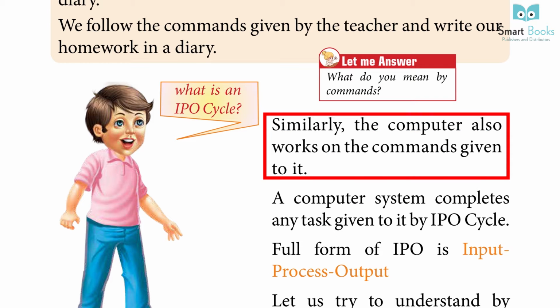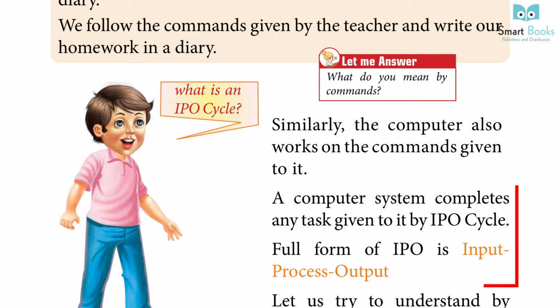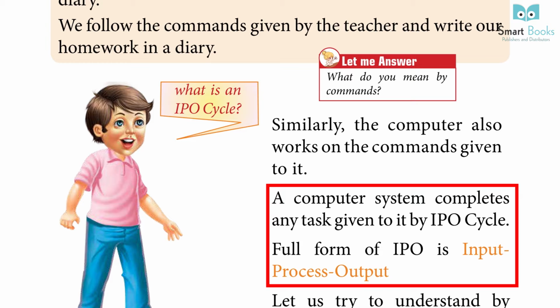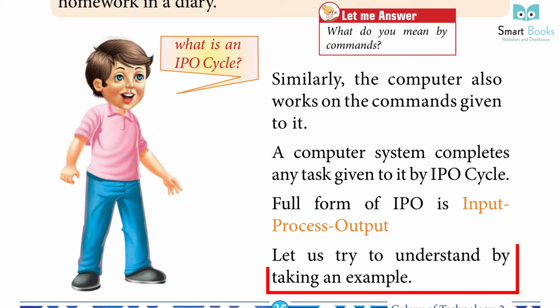Similarly, the computer also works on the commands given to it. A computer system completes any task given to it by IPO cycle. Full form of IPO is input, process, output. Let us try to understand by taking an example.